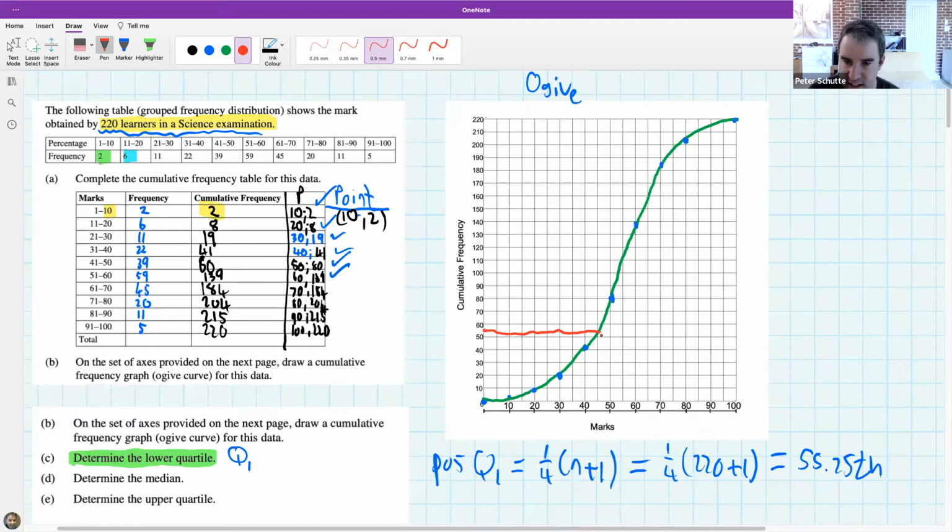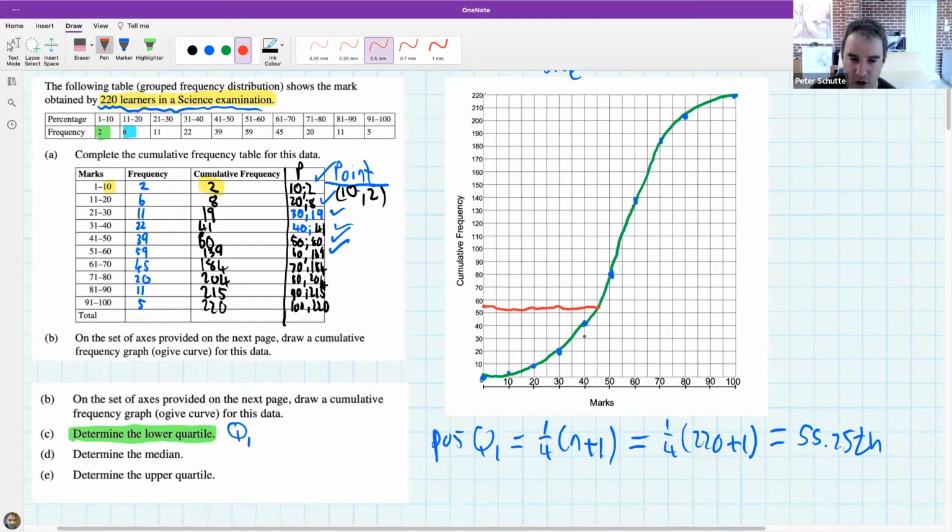And then in order to work out my Q1, I want you guys to work it out. So what is your Q1 value going to be? That was my position. I want you guys to put in the chat, what is the value of Q1 for this particular story? So to get Q1, I go straight down here.